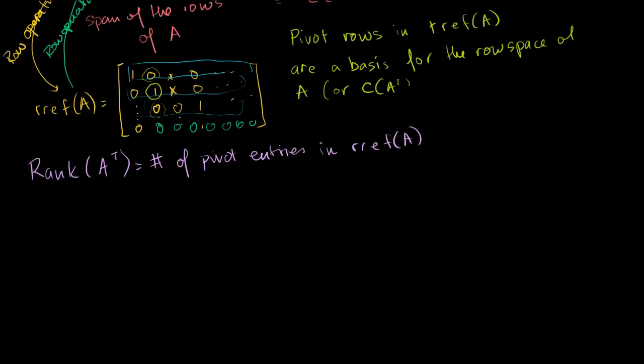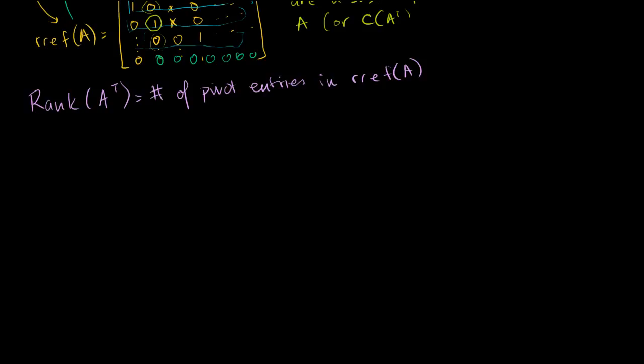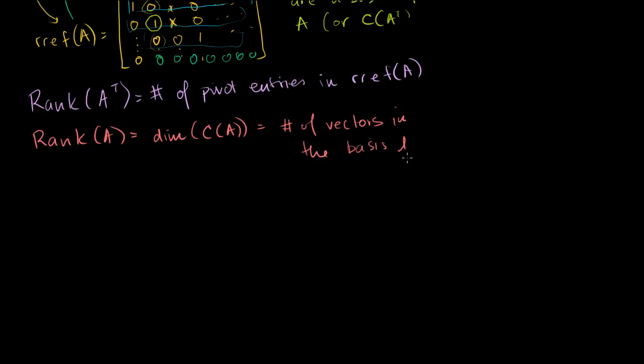Fair enough. Now, what is the rank of A? This is the rank of A transpose that we've been dealing with so far. The rank of A is equal to the dimension of the column space of A. Or you could say it's the number of vectors in the basis for the column space of A. So if we take that same matrix A that we used above, and we write it as a bunch of column vectors, C1, C2, all the way to Cn.